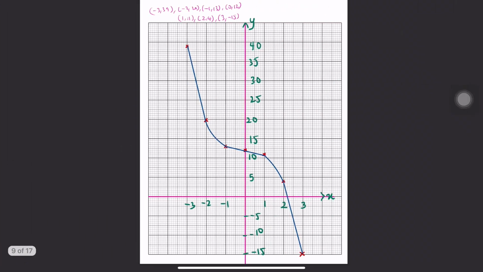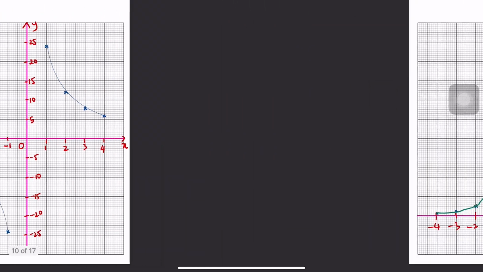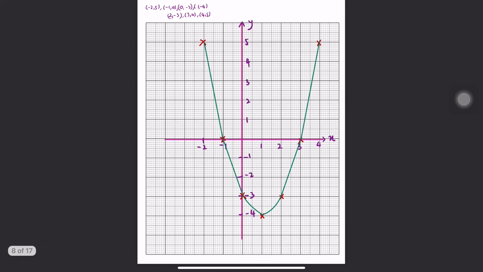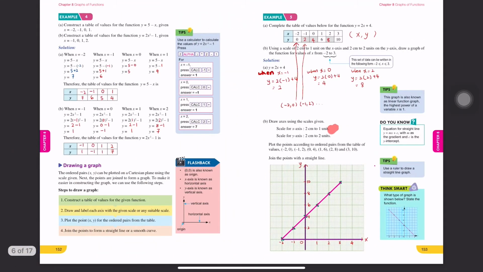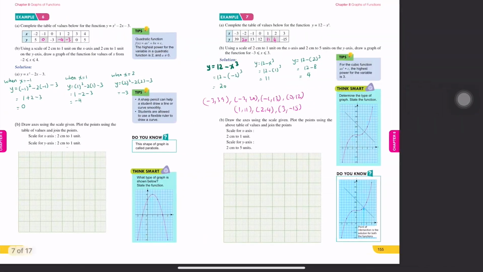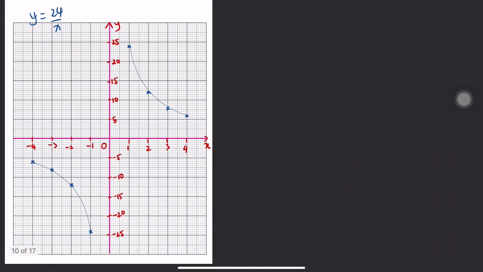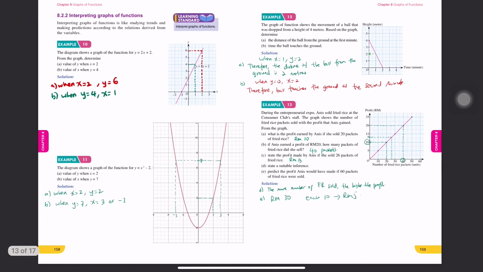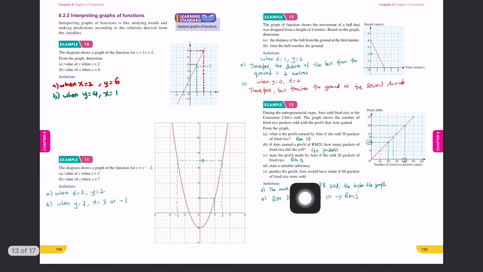So you have drawn 4 graphs today, 5 graphs, right? 1 2 3 4 5. Okay, 5 graphs. And then you learn how to interpret information from the graph. You have done 4 questions.